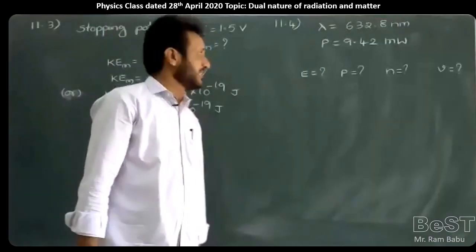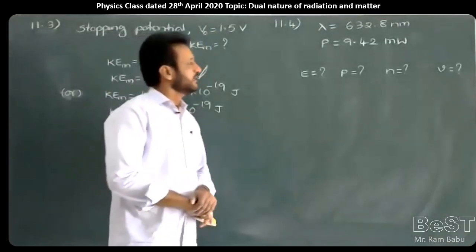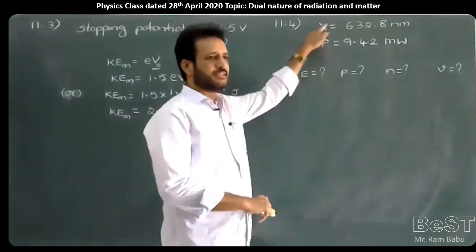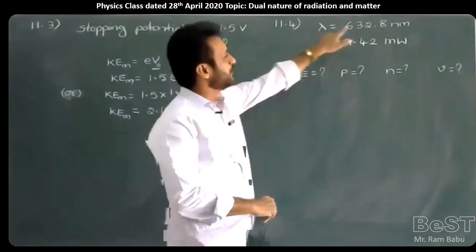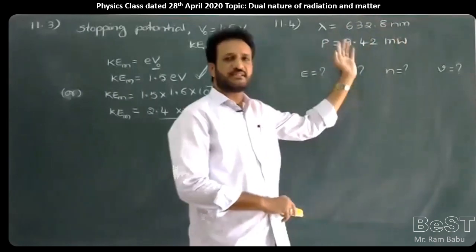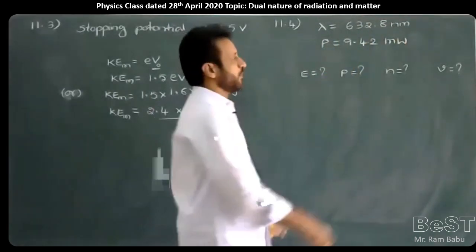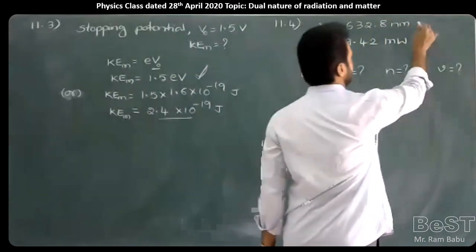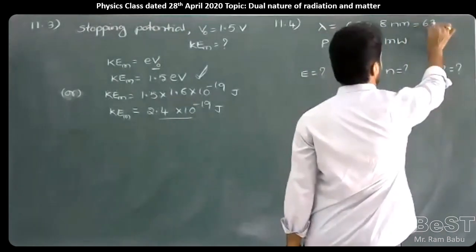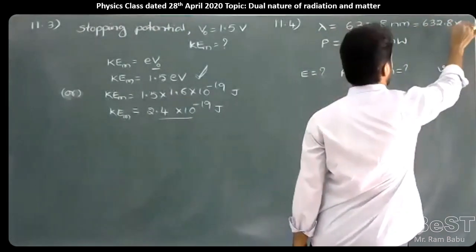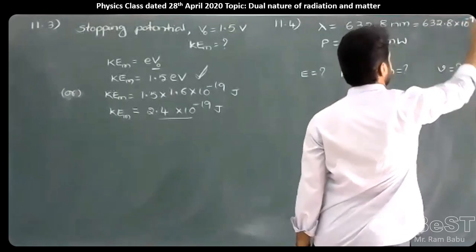Now check the given question. Wavelength lambda given is 632.8 nanometer. I'll convert this value into meter. 1 nanometer is equal to 10 to the power of minus 9, so 632.8 into 10 to the power of minus 9 meter.